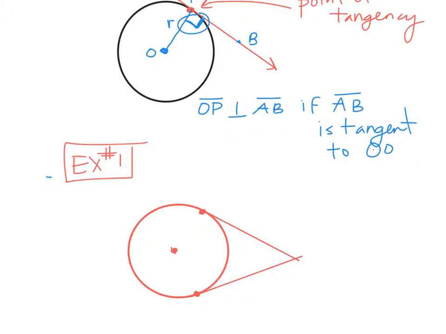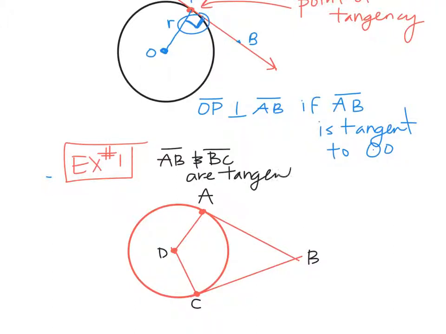And then if this is the center of our circle, you have a radius here and a radius here. Okay, so I'm going to say this is A, B, C, D, and we're going to say that AB and BC are tangent to circle D.